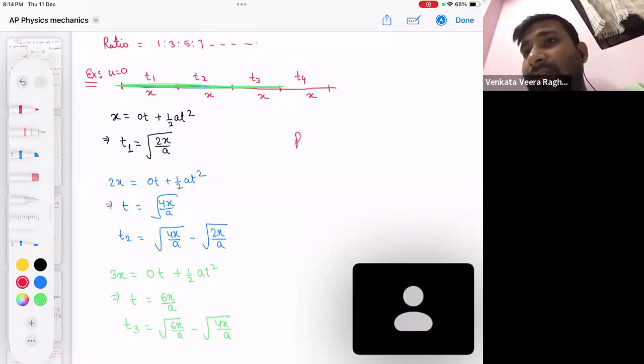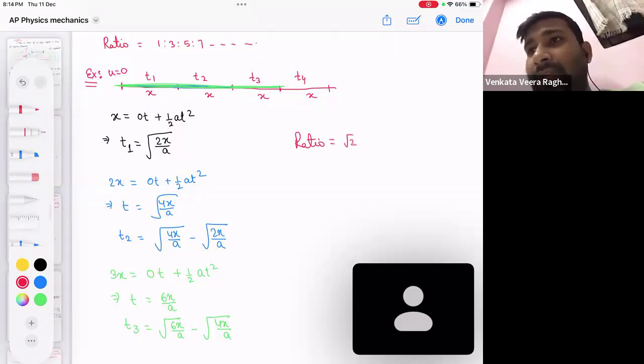Please tell me what ratio we got as our answer. Root x by a is common from everywhere, so that will not affect the ratio. So am I getting my ratio as root 2 is to root 4 minus root 2 is to root 6 minus root 4 is to, can you tell me what the next one is going to be?